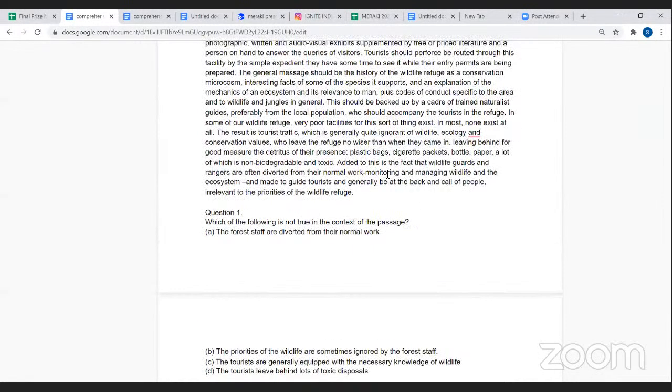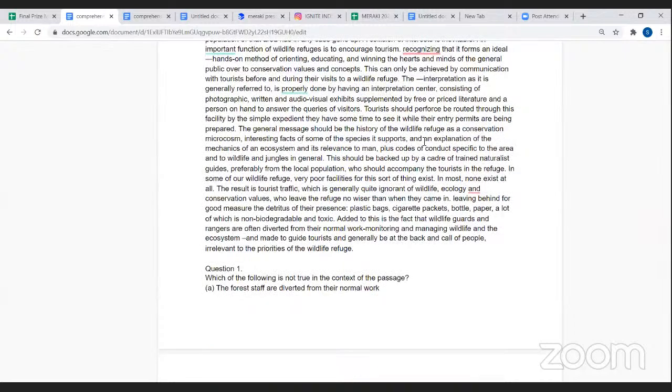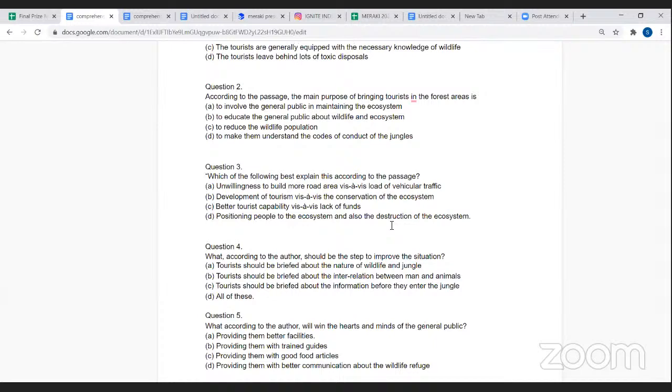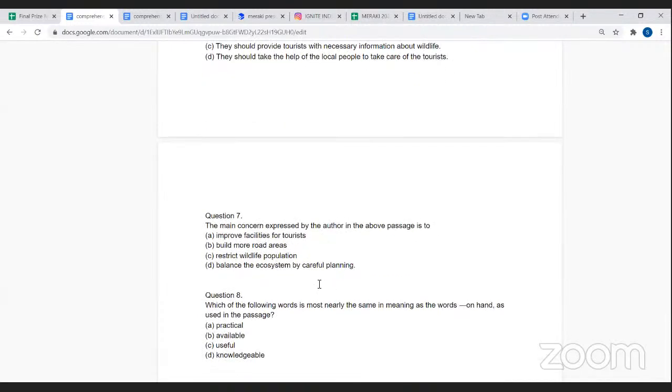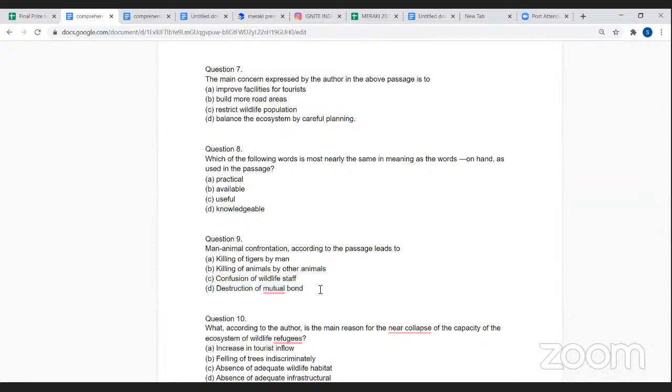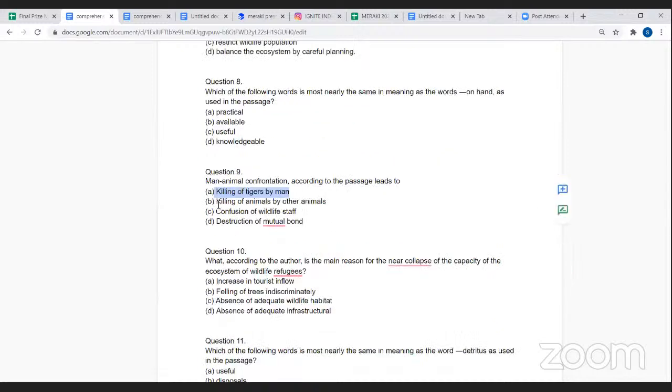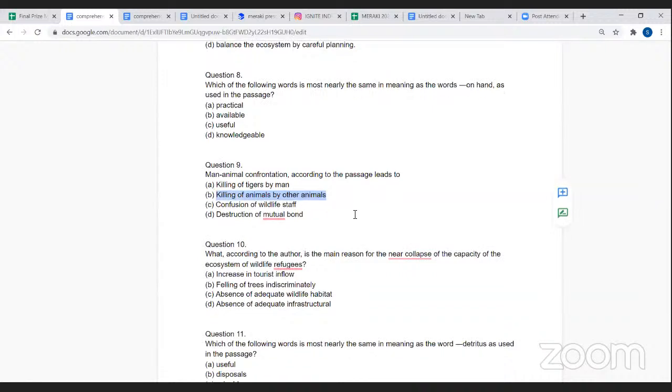Because the animal is uncomfortable, that's why he attacks. So if they're aware of the facts of the species it supports and the mechanics of the ecosystem, then the bond would be in place, right? That's talking about both of them, animals as well as people. So we'll go with the other option, which is destruction of the mutual bond. Okay. In the starting, you have killing of animals by other animals, but that is not there, like killing of man by tigers direct.